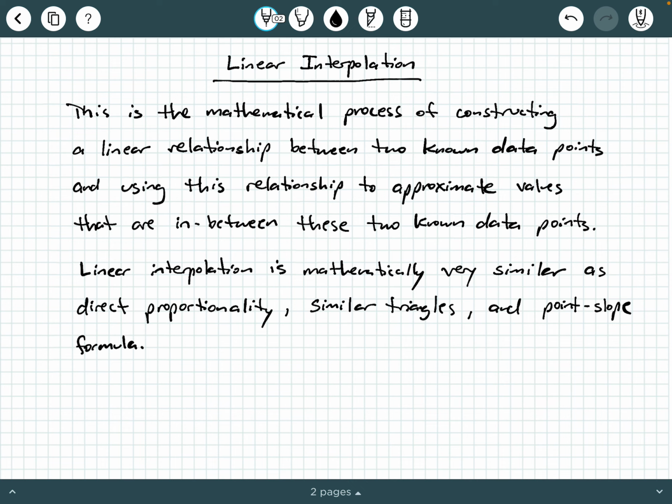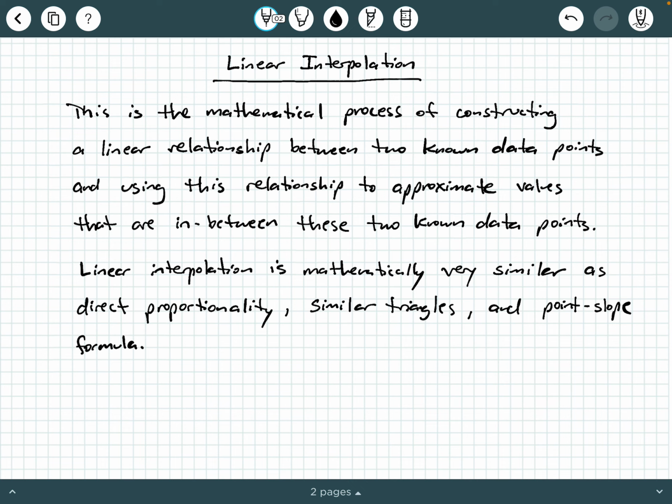And when we are looking at direct proportionality problems, or from geometry when we're applying similar triangles to build a relationship, or from algebra when we're using point slope formula, we're pretty much doing the same thing. We are building some type of linear relationship between points and then determining intermediate values using that relationship.